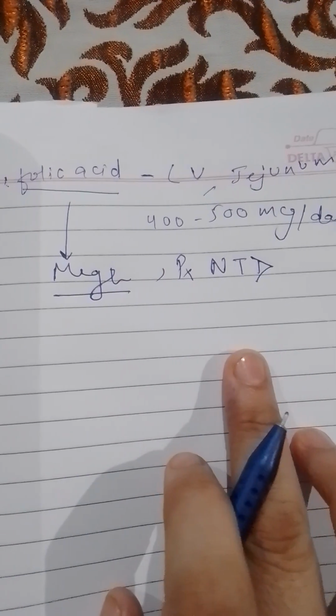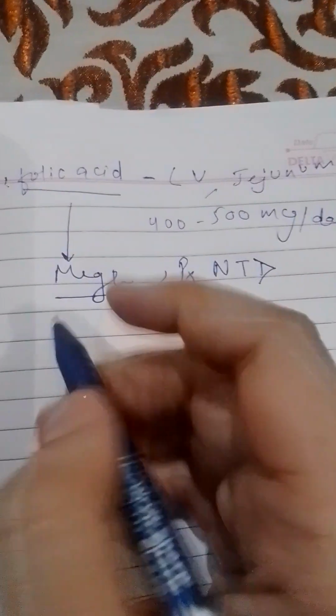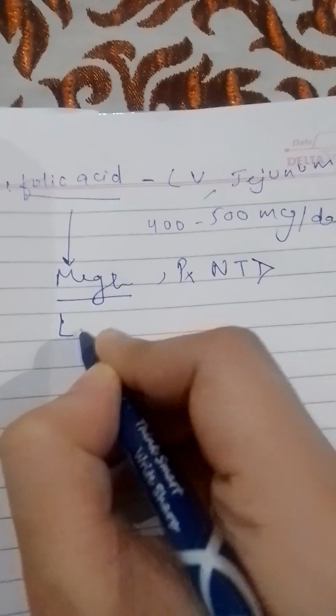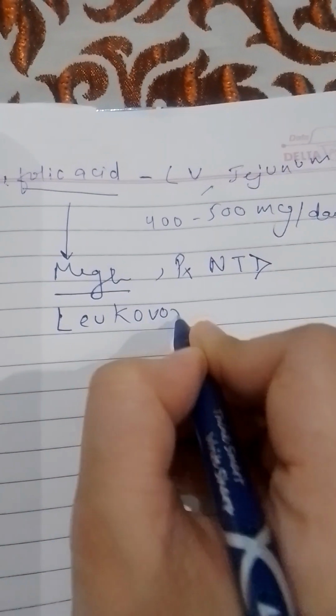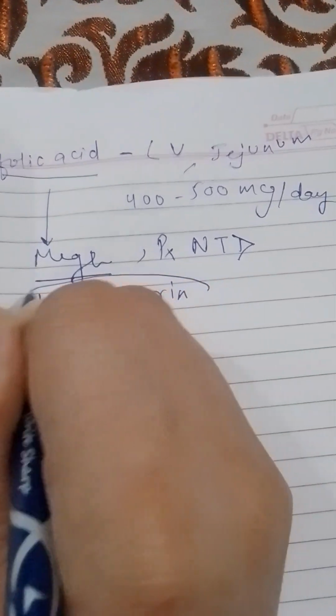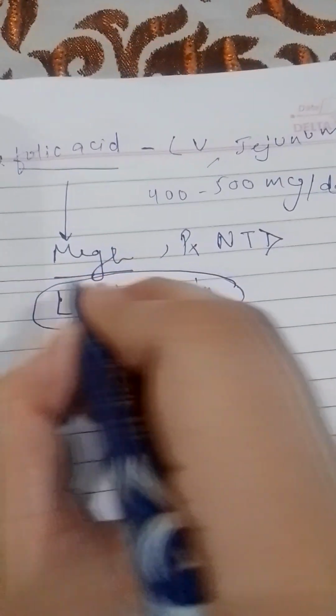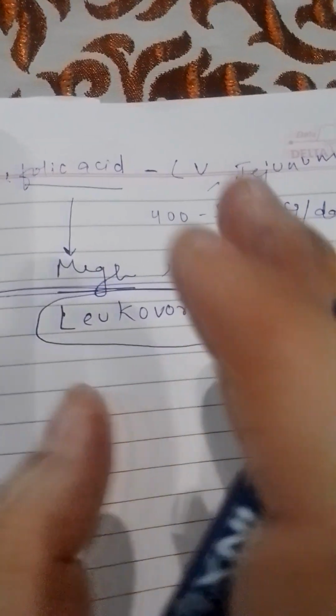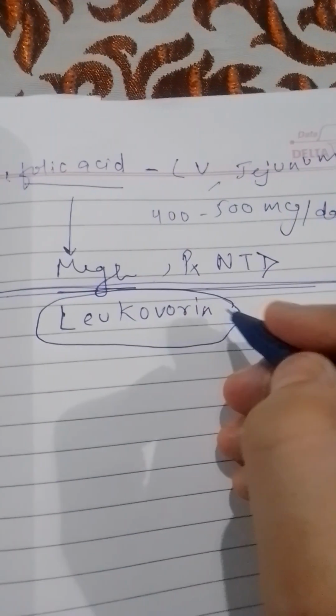What else is there? For example, there is leucovorin. Sorry, leucovorin is another term, different from folic acid, but the naming is similar, that's why I'm informing you.